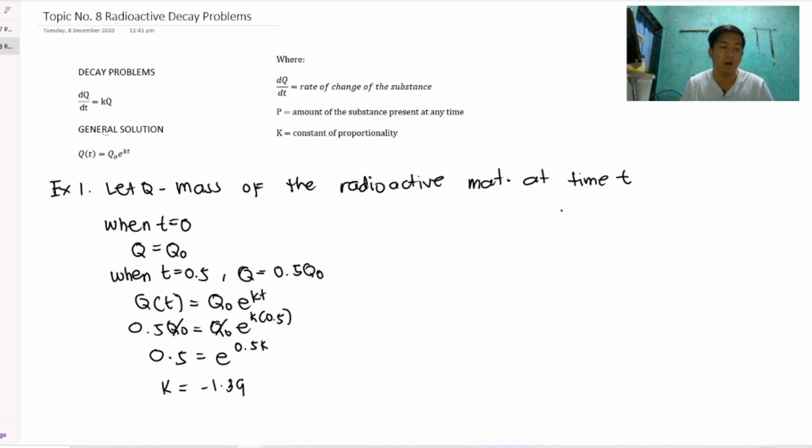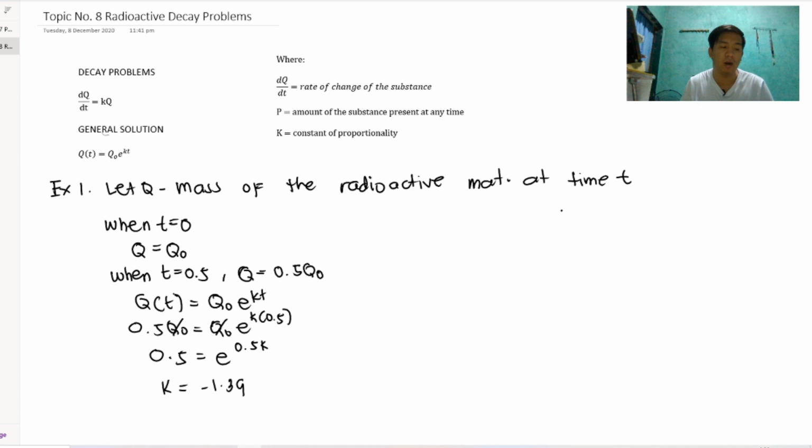So, using this formula, Q sub O e raised to KT, so Q with respect to time is equals to the Q sub O itself, kasi sabi na naman nila parehas lang daw sila. So hinahanap lang kasi dito is percentage. The K is negative 1.39 times 0.8.